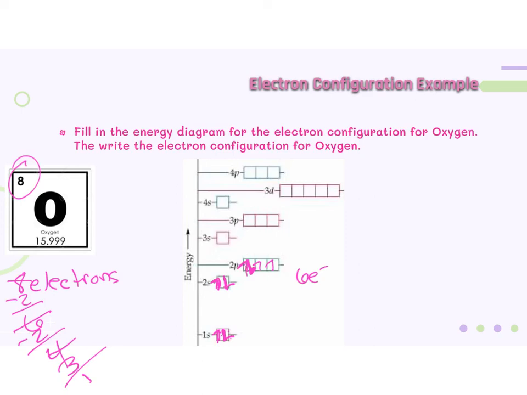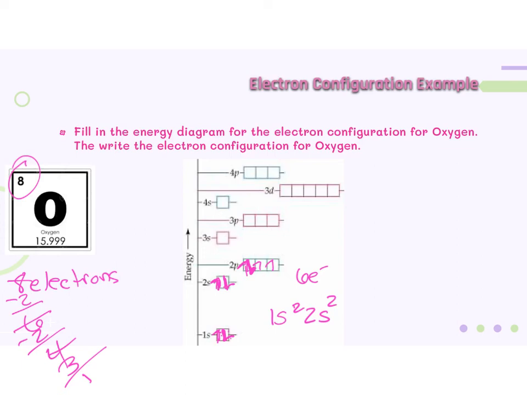To write the electron configuration for oxygen, I would start by writing my 1s. There are 2 electrons in the 1s orbital, so an exponent of 2. Then I go to my next level, 2s and 2, because there's 2 electrons in the 2s orbital.